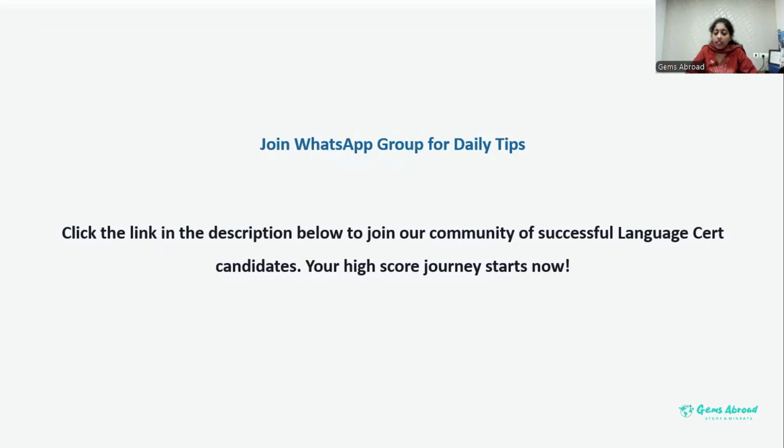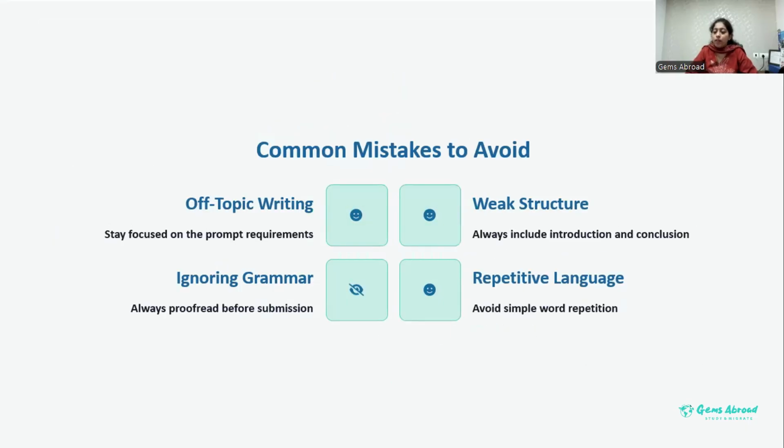So that's about the task. I have just given you an overview of what the writing is. In the upcoming videos, I'll be sharing in detail about those 2 tasks. The first task is called short writing in LanguageCert Academic Writing. It is usually called Task 1, that is report, summary or short writing.